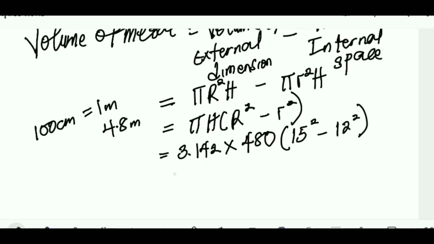So 12 squared. So we're going to multiply this now. 3.142 times 480. So this is 1508.16. And then 15 squared minus 12 squared. I guess that's 81. You can confirm that, 15 squared minus 12 squared, that's 81. So 81 times 1508.16.